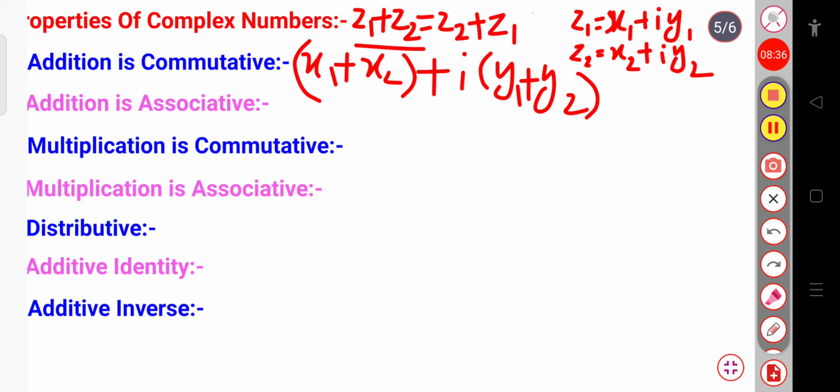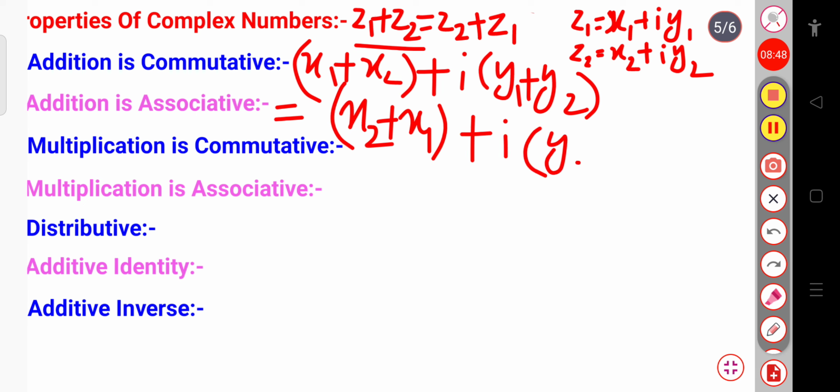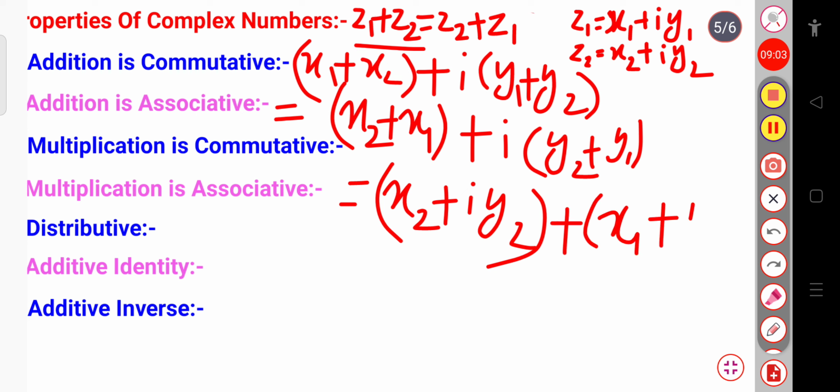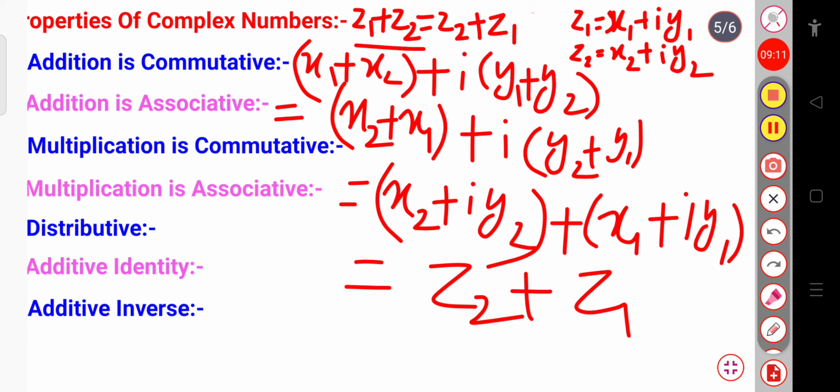So here x1 plus x2 is equal to x2 plus x1, plus iota y2 plus y1 also I can write, okay. Otherwise I can write this as x2 plus iota y2, this is one term, plus x1 plus iota y1, I can write like this, okay. Now this is your z2 and this is your z1. So here you can prove that z1 plus z2 equal to z2 plus z1. So the complex numbers follow the commutative property of addition, okay.